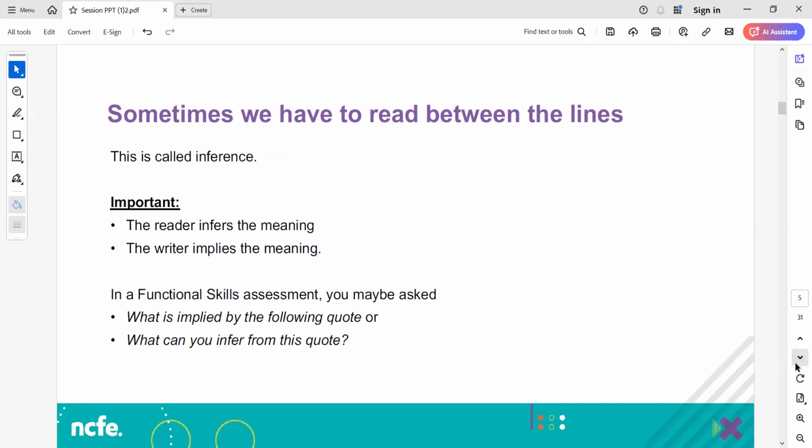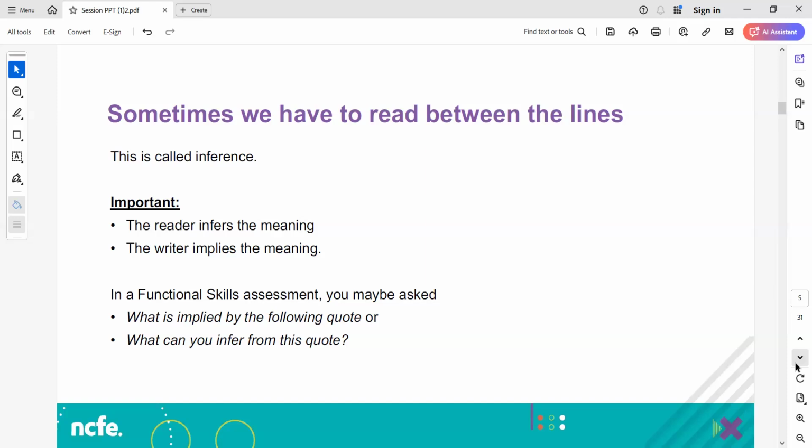And this is called reading between the lines. And the proper name for it is inference. And it's important to remember that the reader infers the meaning, but the writer implies the meaning. So they're doing different things.